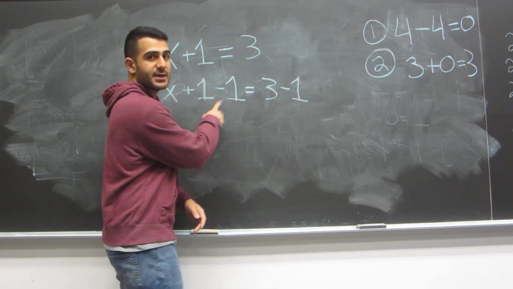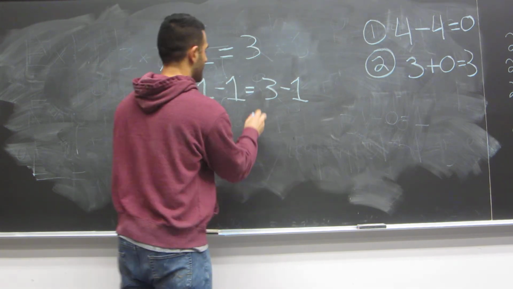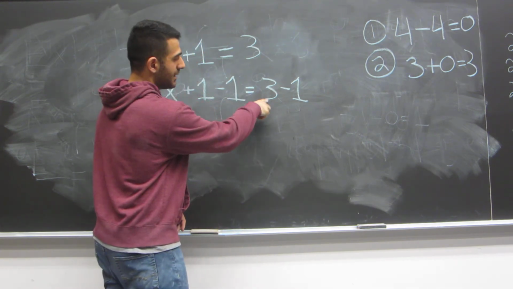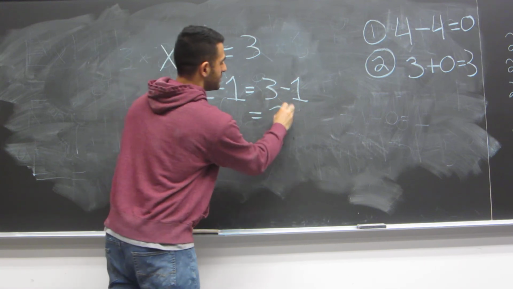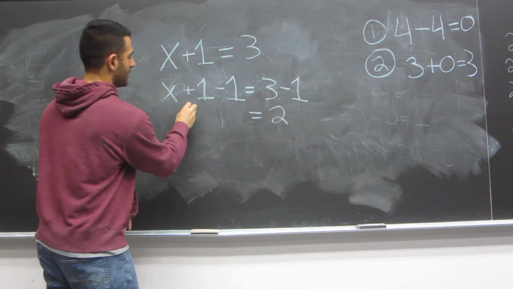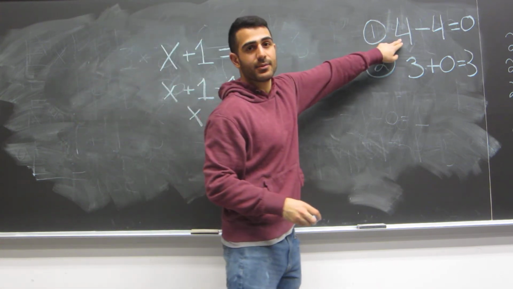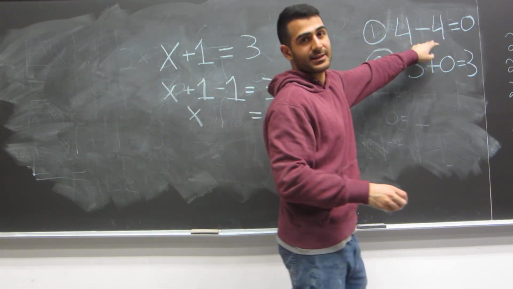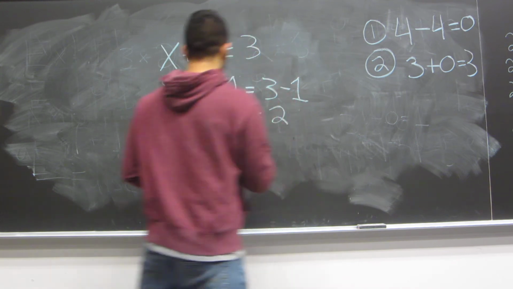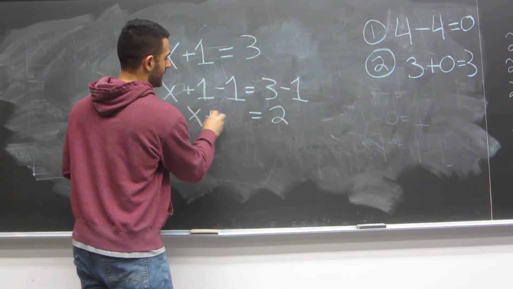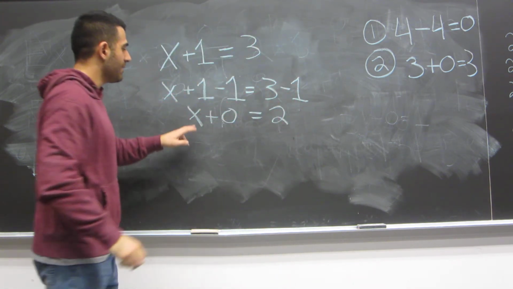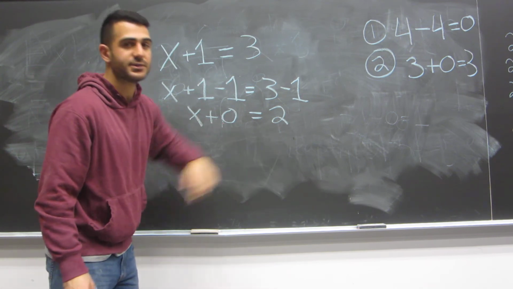What you do to one side, you have to do to the other side. Let's evaluate this. We know that 3 minus 1 is 2. And we know that this is x. And we use property 1: any number subtract its opposite is equal to 0. So 1 minus 1 is 0. So now we have x plus 0 is equal to 2.